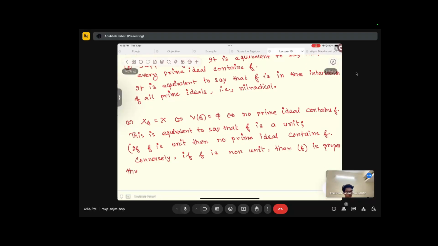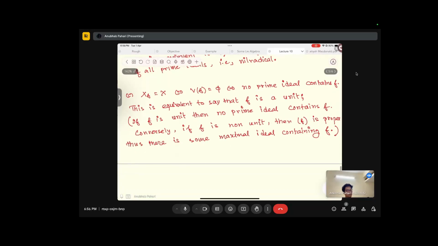Thus there is some maximal ideal containing f. So this is a contradiction.